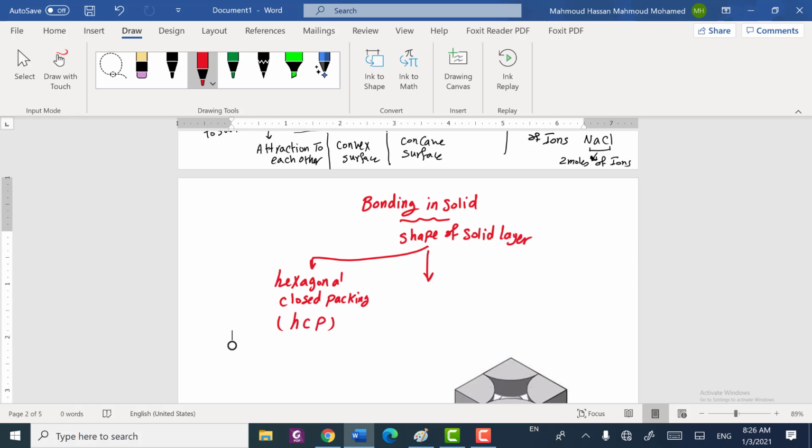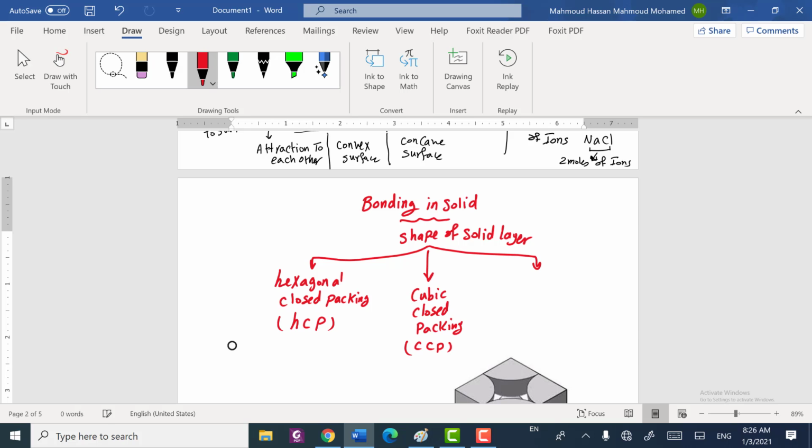Maybe we'll find cubic closed packing. It's called the CCP, cubic closed packing.